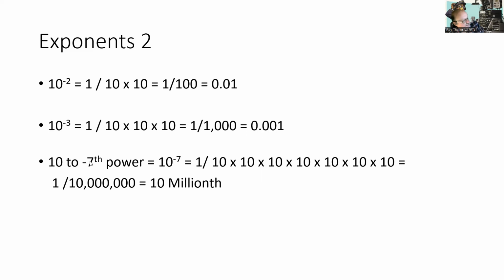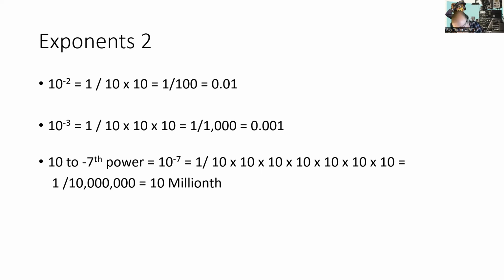And let's say 10 to the minus 7th power is 1 times 10 to the minus 7. So it's 1 divided by 10 times 10 times 10 times 10 times 10 times 10 times 10, which is 1 over 10 million, or 10 millionths. So this becomes important when we're dealing with small or large numbers. Instead of writing out all the zeros, we use exponents.